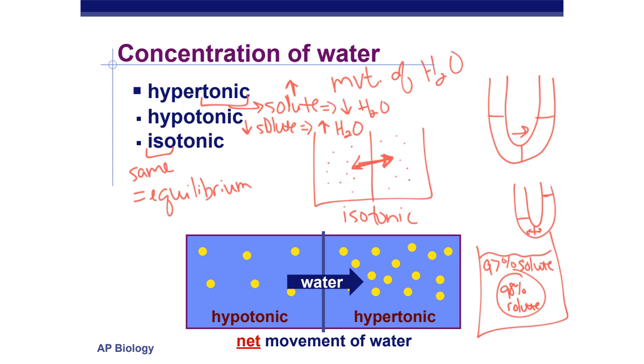Both are really high, but what that means for the cell is that the cell would be 2% water. The beaker would be 3% water. Water flows high to low. The beaker is the hypotonic solution. The cell is the hypertonic solution, and water is flowing into the cell.